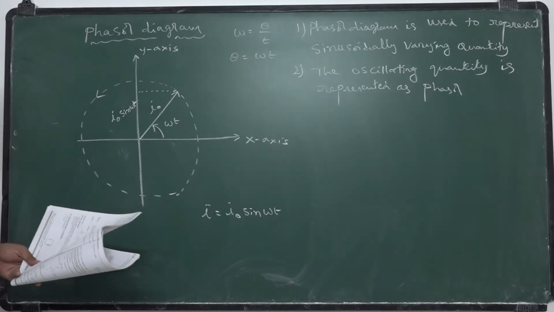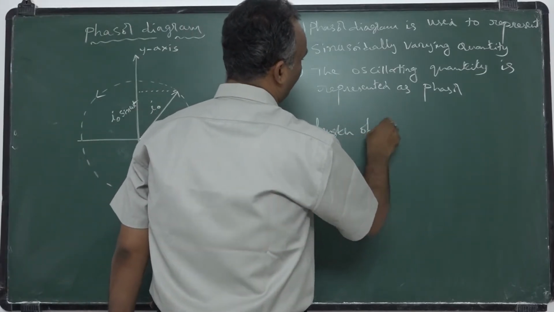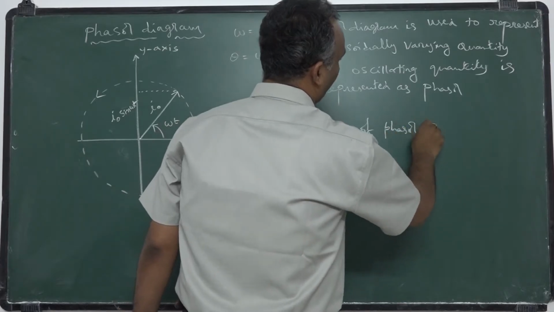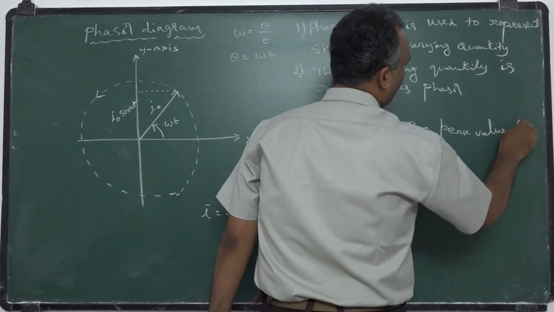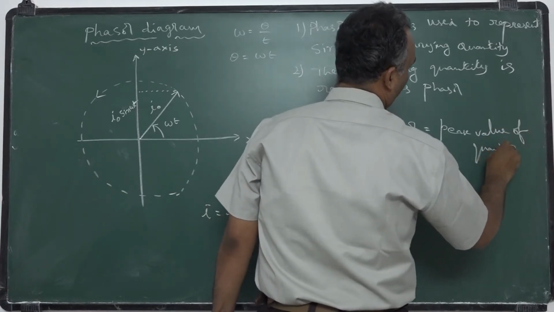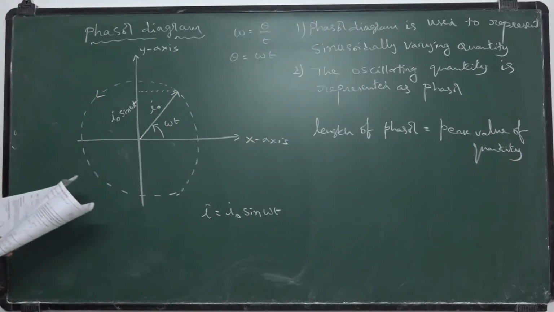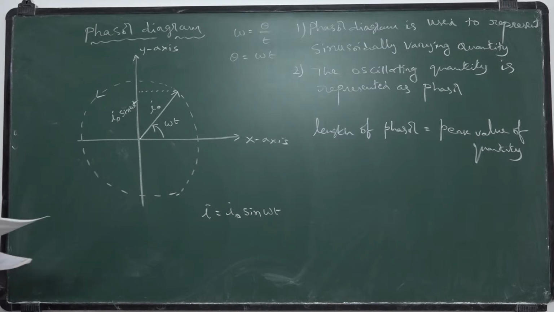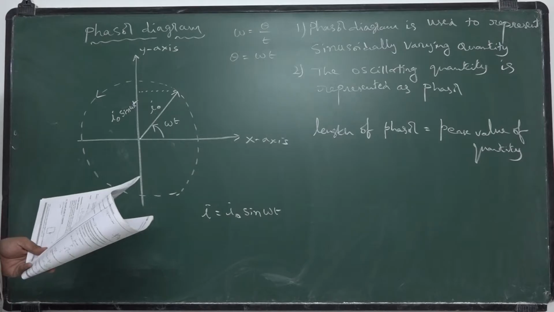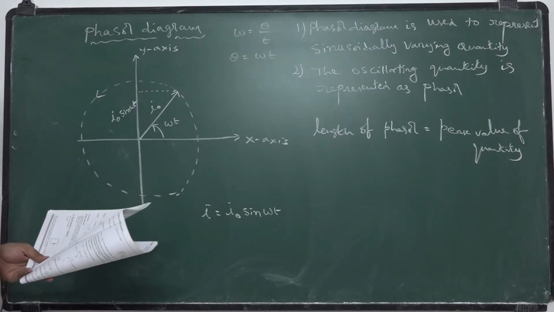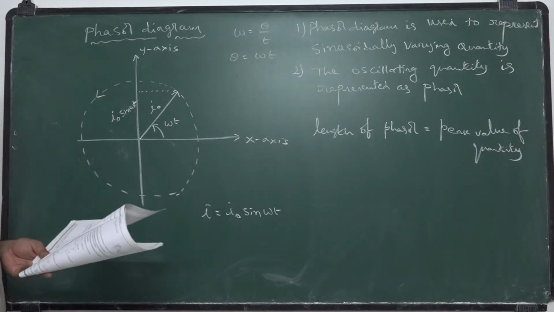The third point: the length of the phasor is equal to the peak value of the quantity. Here the quantity is current, hence the peak value of the current is given by the length of the phasor, nothing but the radius of the circular path. And the phasor is rotating with a frequency equal to the frequency of variation of this current.